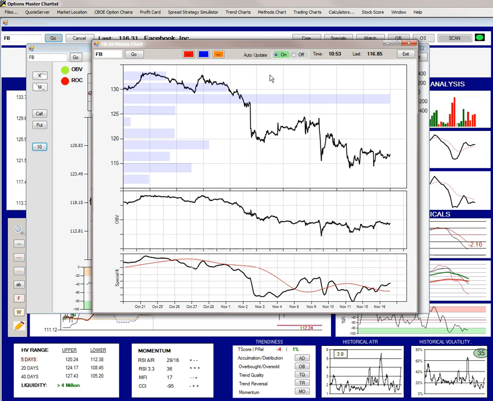Now, what we want to do with this is look at, first, the three panels, and this is a line chart of 10-minute closes. These light blue horizontal bars are price volume value areas, and these are derived from a 10-minute period about twice as long as what you see on the chart. And the further the bar extends to the right indicates more activity has occurred at that price level.